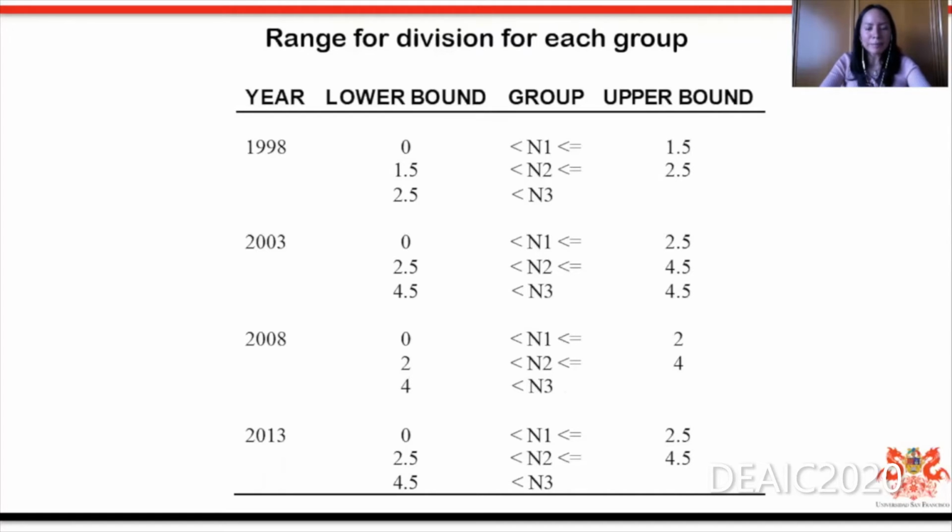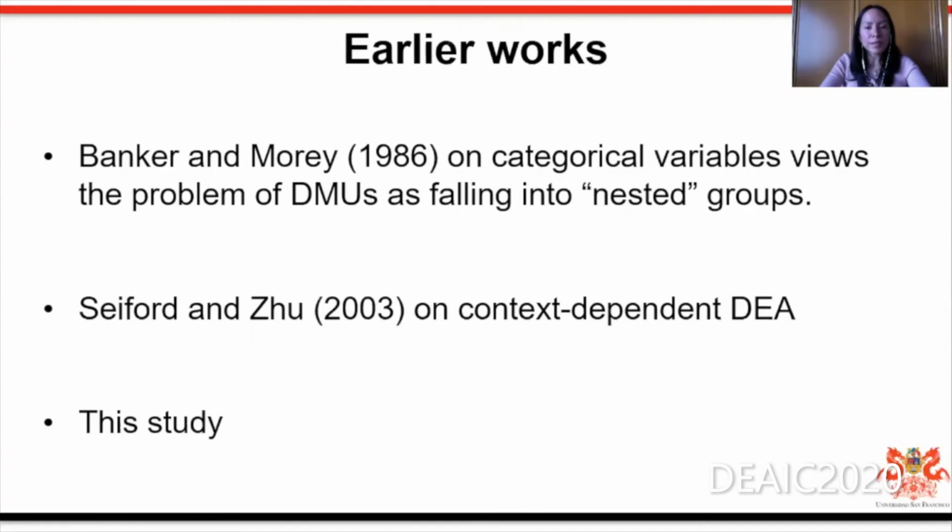The next slide, I am presenting early works that have been done comparing different groups. For example, in the study by Banker and Morey, considering our case of the DMU groups N1, N2, and N3, their categorical variable approach will see N3 DMUs evaluated only against other N3 DMUs, N2 DMUs against all units in N2 and N3, and finally, N1 DMUs evaluated against the DMUs in all three sets.